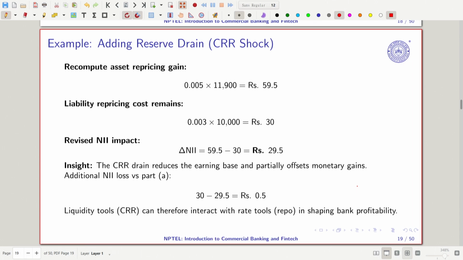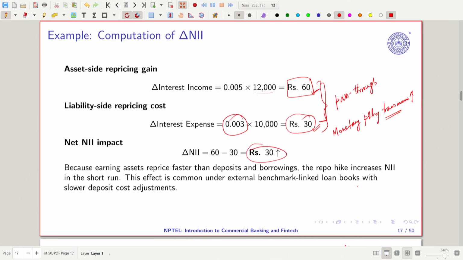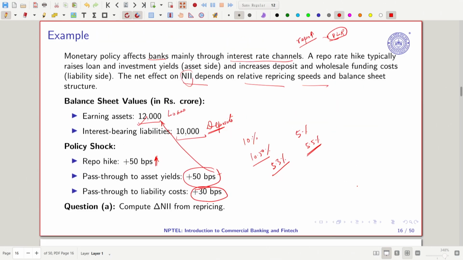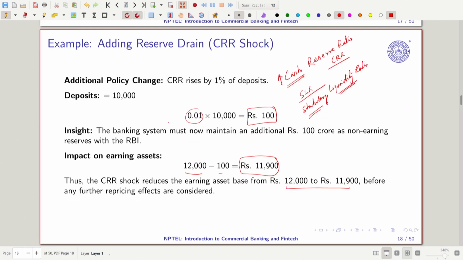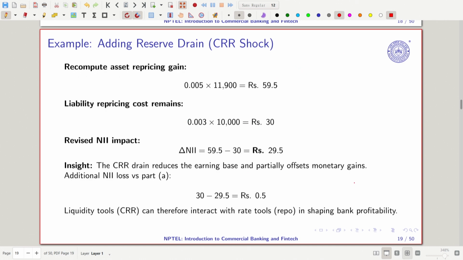So if you think about the asset pricing, earlier we had an earning asset of 12,000. Now the earning asset has gone down by 100 crore, so we have 11,900 only. The base has come down, so this will have an impact.